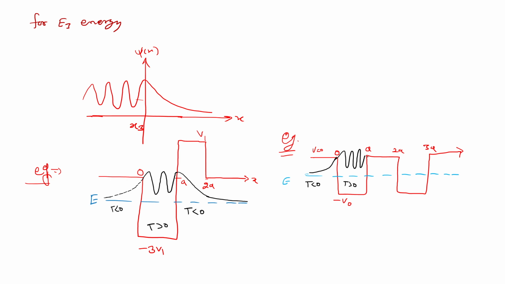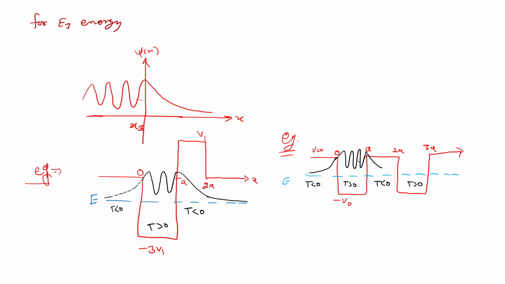When you reach this point, you can draw it separately also, no problem. You have again a turning point. After this point, the wave function will be exponentially decaying because kinetic energy becomes negative again. But when you go from this side also, kinetic energy is positive.